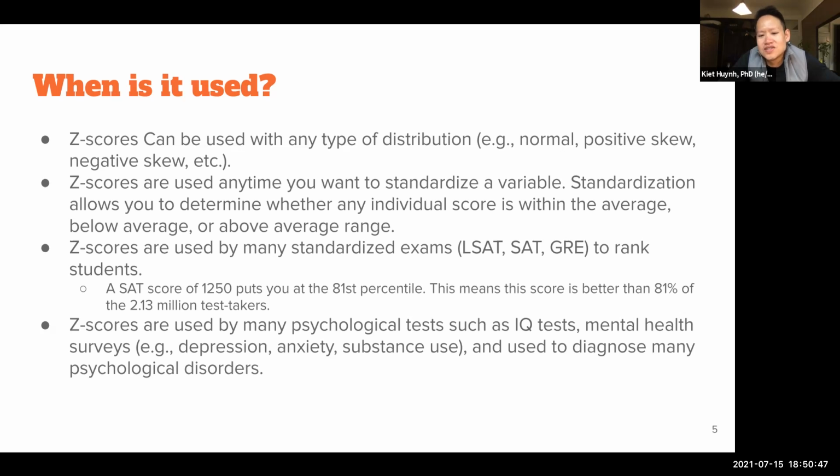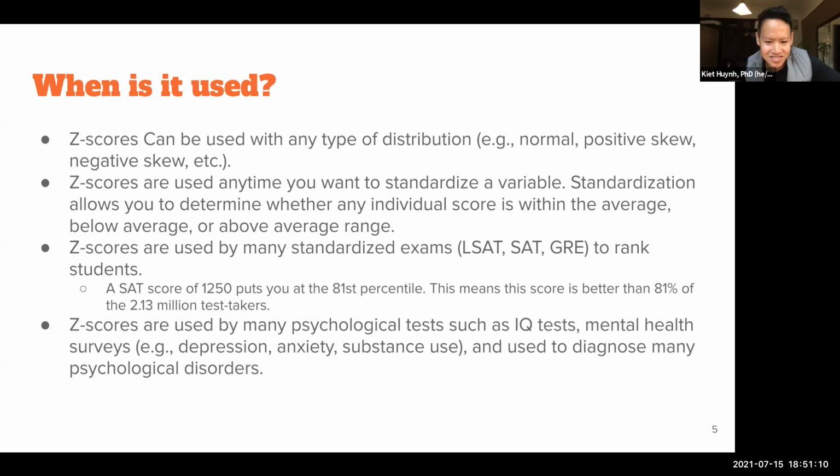So the reason why z-scores are so commonly used is because with a lot of these measures, SAT is measuring aptitude, the MCAT is measuring knowledge about medical stuff, LSAT is measuring knowledge about law stuff. These are all variables, right?